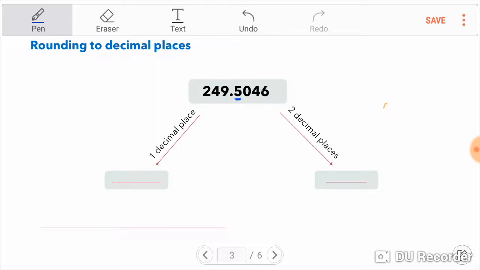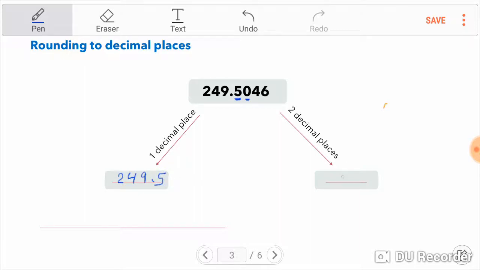The next digit is 0, so we have rounded this number to 249.5, to one decimal place.